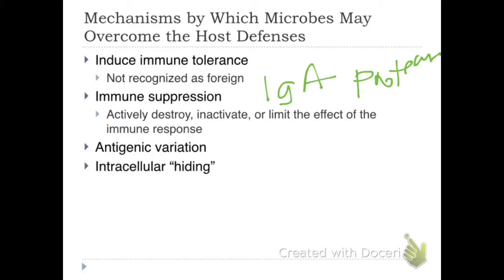Are you familiar with schistosoma, a parasite? The infective stage of schistosoma is cercaria, and it enters your body by skin penetration. Usually, where do they find the cercaria? In the river.